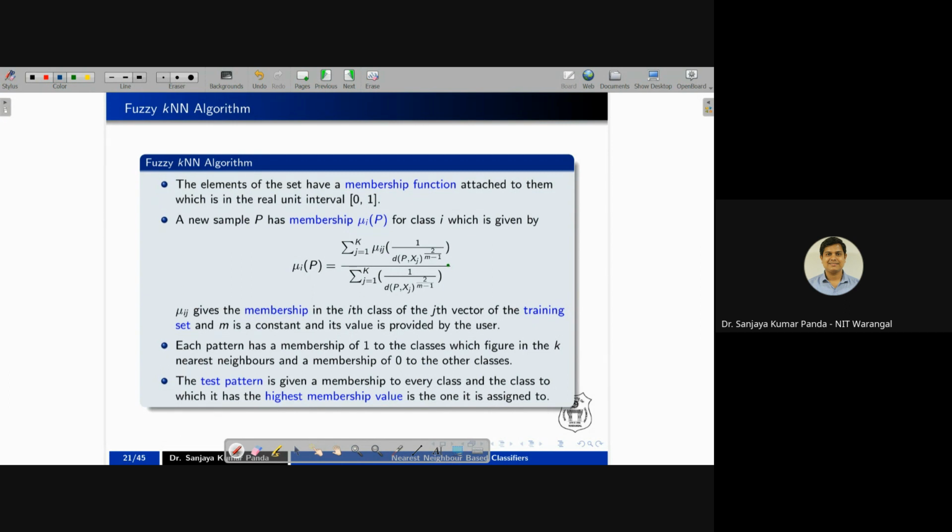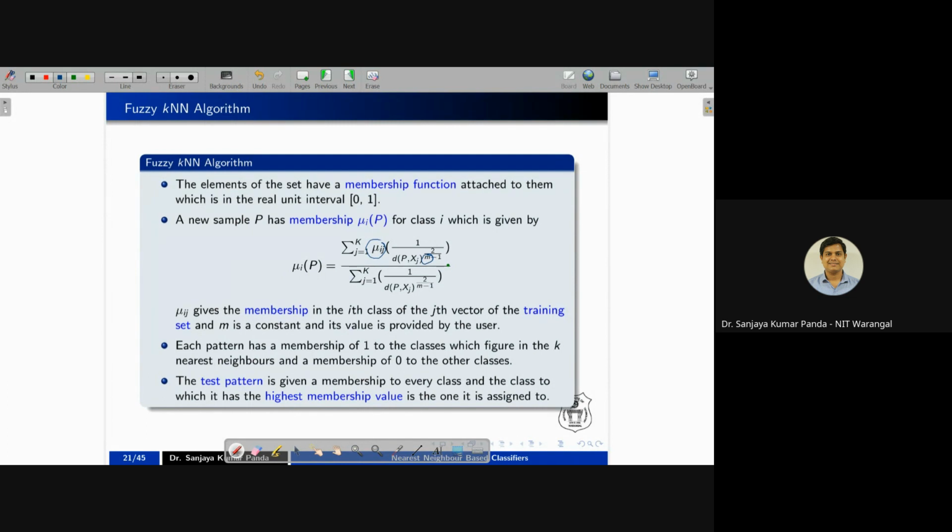It looks very complex, but it is very easy. Okay, so this mu ij, what does it indicate? It indicates the membership in the ith class of the jth vector of the training set, and this m in the denominator is a constant. Its value is provided by the user. Normally we consider the value equal to 2. So 2 minus 1 is equal to 1, so we don't consider the denominator.